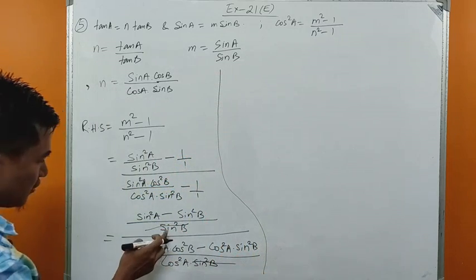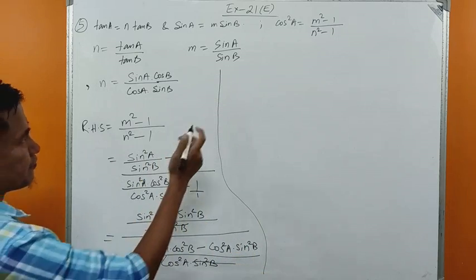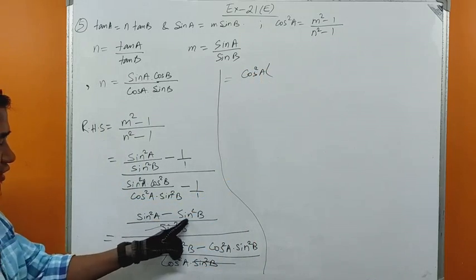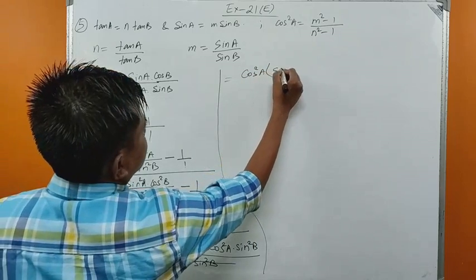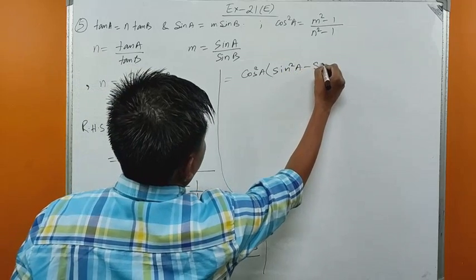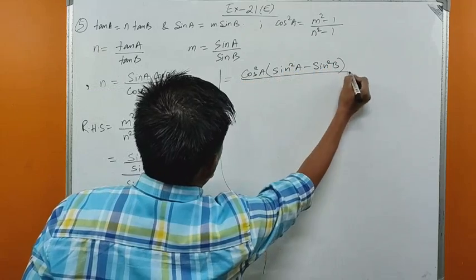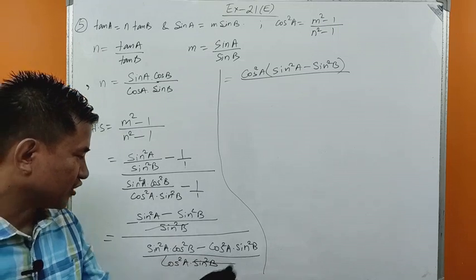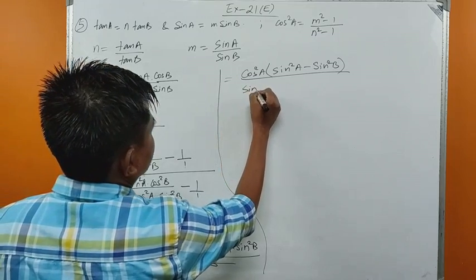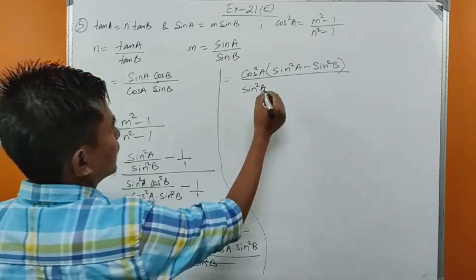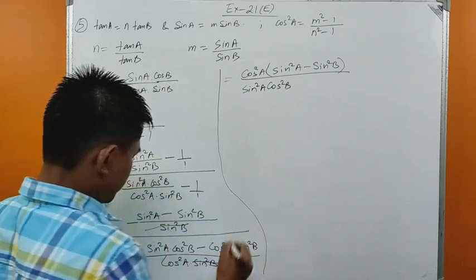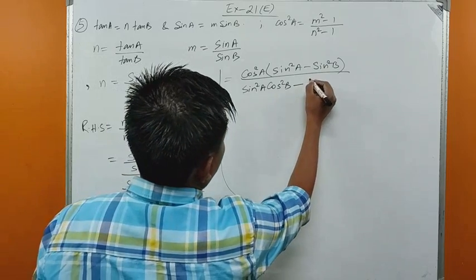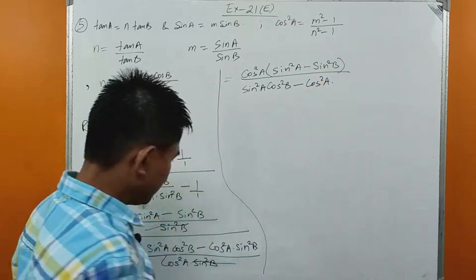This equals cos square A into sin square A minus sin square B, whole upon, in the denominator we have sin square A cos square B minus cos square A into sin square B, isn't it?